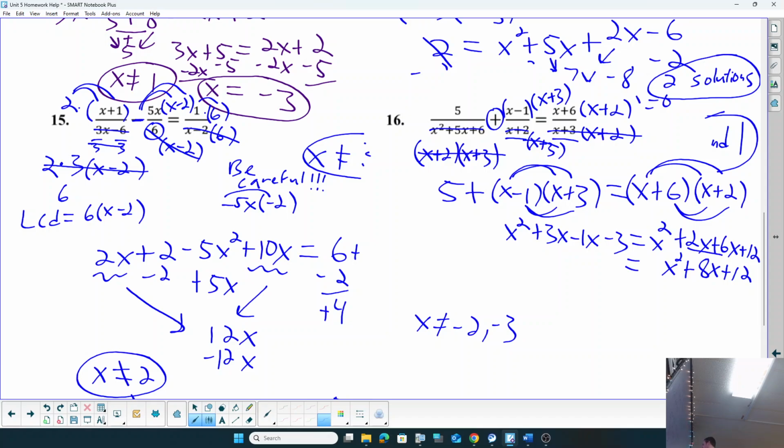On this side, 3x minus 1x is 2x. Combine like terms. And then don't forget the 5. And so 5 with the -3 is a positive 2.